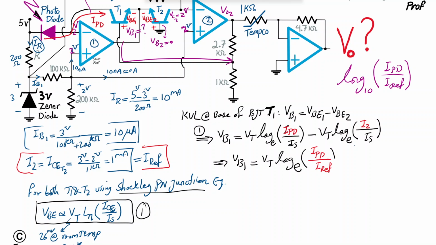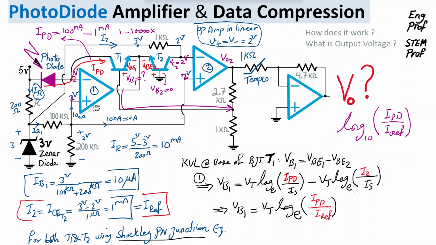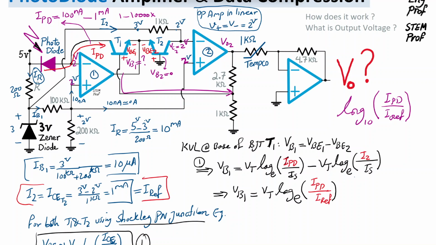Okay, so what is the benefit? Now the benefit is I can substitute for the reference current because it was already computed. To avoid confusion, the reference current is I2, and I2 is found to be 1 milliamp. So I'm going to substitute for that.